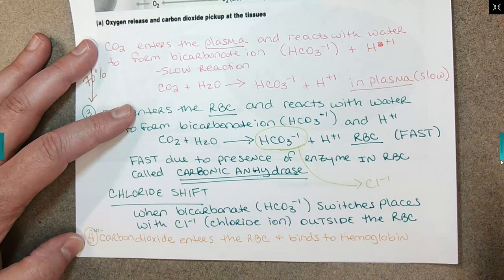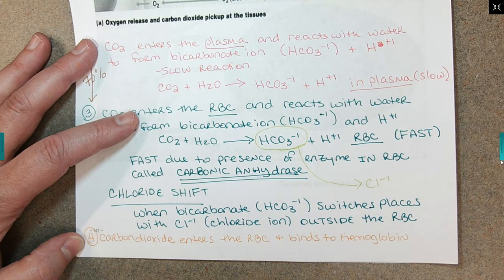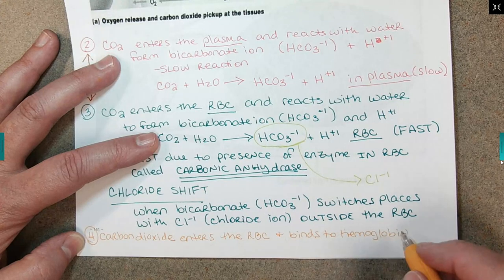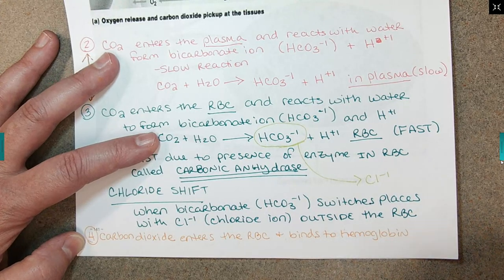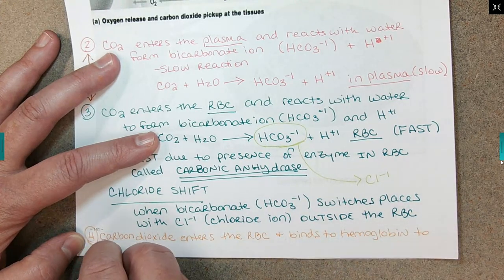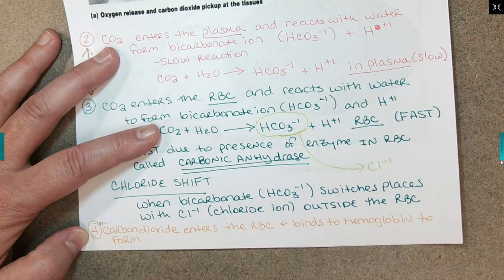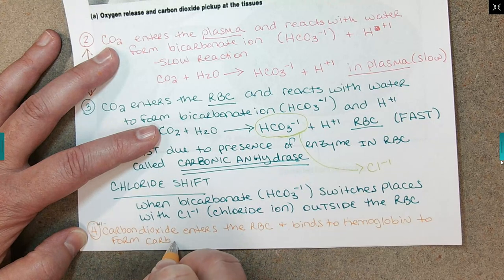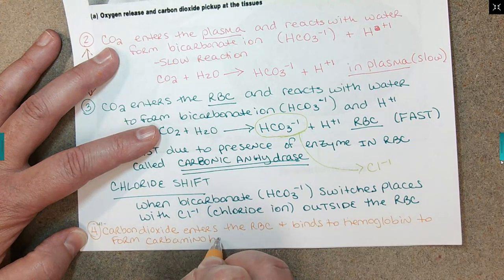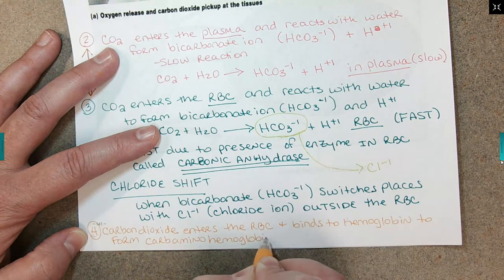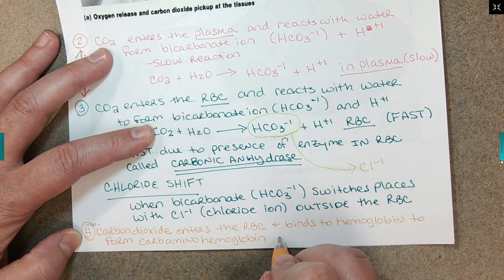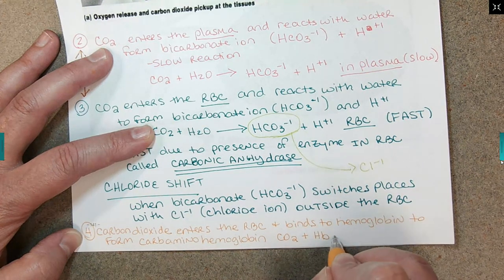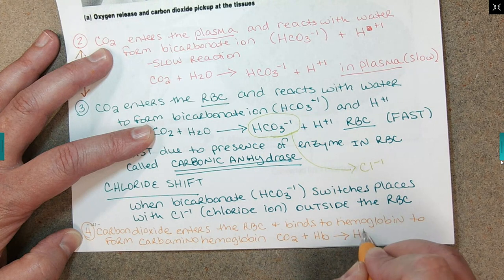Again, it would rather bind to oxygen, but if carbon dioxide's in the location, it'll bind to the hemoglobin molecule inside the red blood cell to form, remember what we said, carbon dioxide and hemoglobin combined form carbaminohemoglobin. So your reaction would be carbon dioxide plus hemoglobin produces carbaminohemoglobin.